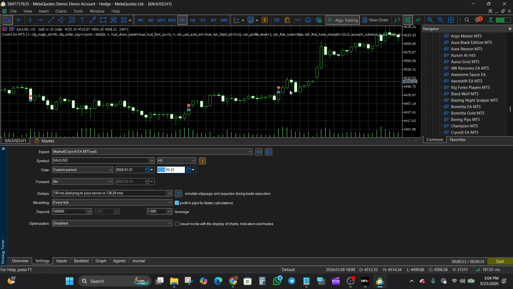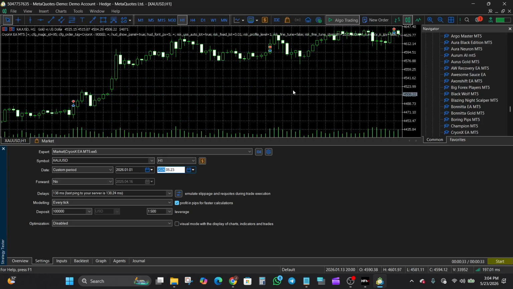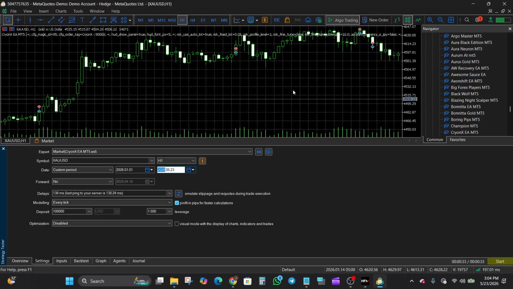So looking through the historical testing performance, the EA appears structured to react only when multiple conditions align together, which matches the multi-vector confirmation logic explained earlier in the marketplace description. So I'd still recommend running longer term testing yourself as well, especially across different volatility environments, so you can get a broader understanding of how the system behaves over time.